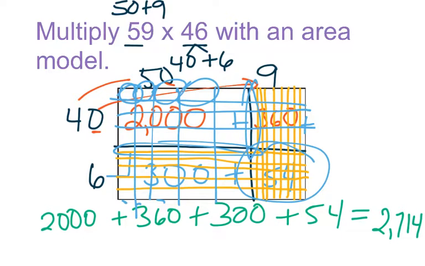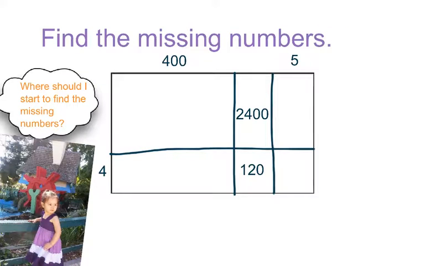So let's continue. So what if we have some information, but we need to solve or find the missing numbers? Well, a good thing to do is to think backwards. In other words, look at your answers and look at the information that you have. And then look at things that you can automatically multiply right off the bat. So for example, I know in my last column, I multiply this number times this number.